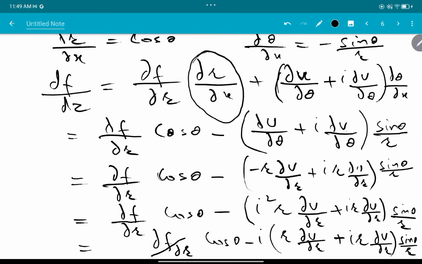This I will replace with i r, and then replacing del u by del r plus i del v by del r by df, that will be df by dr, replacing that with df by dr into sine theta by r.